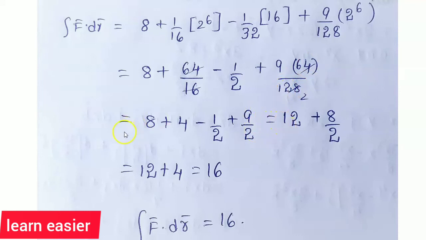So equal to 8 plus 4 is 12, and if you take the LCM as 2, so 9 minus 1 by 2, which is 8 by 2, and the 8 is cancelled out by 2, so 2 fours are 8, so 12 plus 4, which is 16. So we got the work done, the integral of f bar dot dr bar, equal to 16.